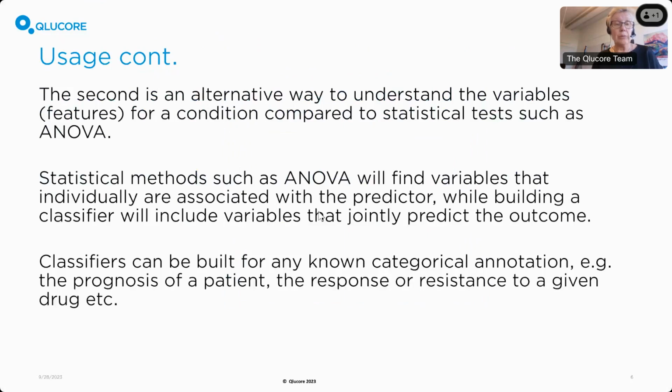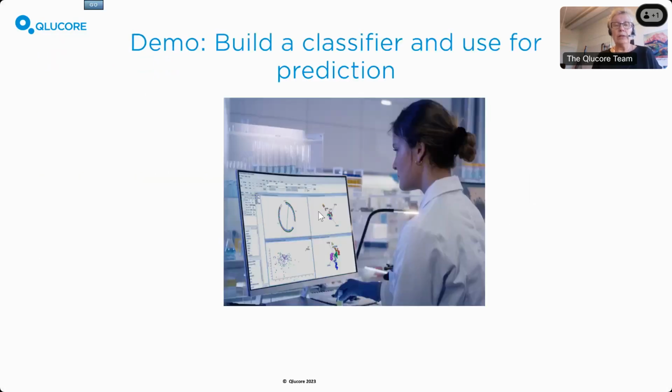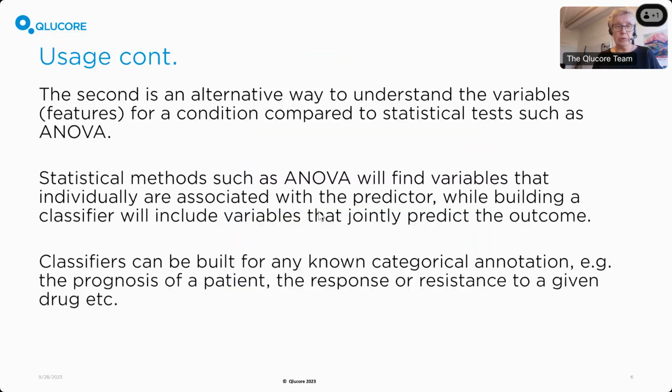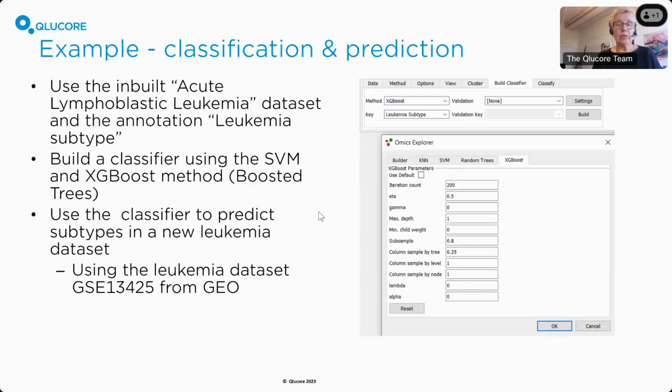Okay, so that was a little background. And now I will demo how this works in Qlucore Omics Explorer. In this example, I will show you how to build a classifier and then use the classifier to predict the same groups in another data set.